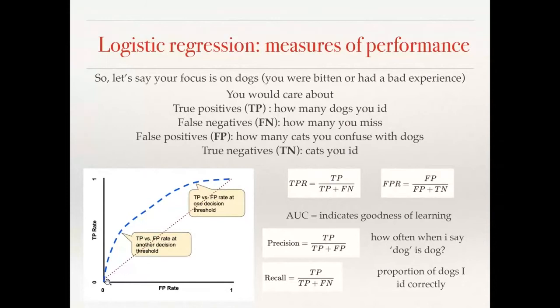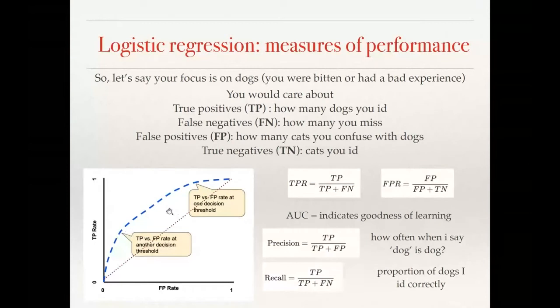If the output of your algorithm is over here, it means that you are identifying cats and dogs with a 50% score. Essentially you see something and you say 50% of the time it is a dog and 50% of the time it is a cat. So this line over here is no learning. It means it's just chance.